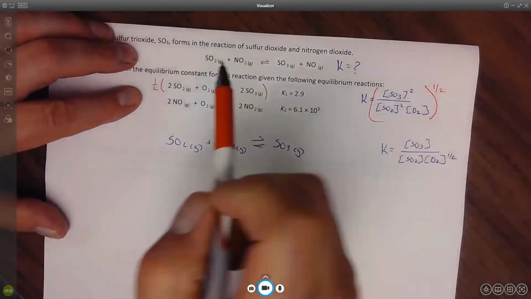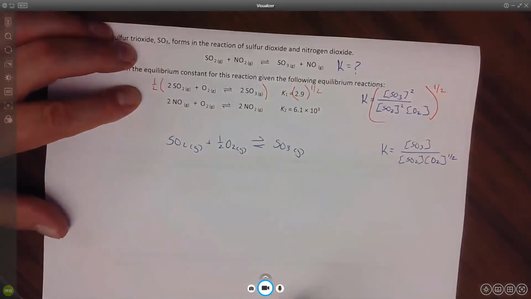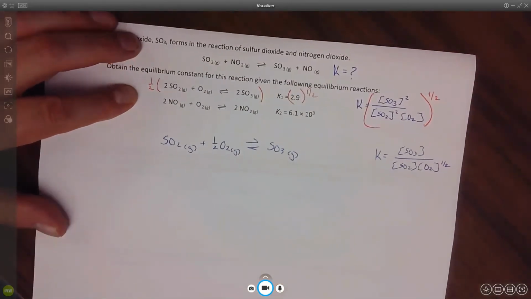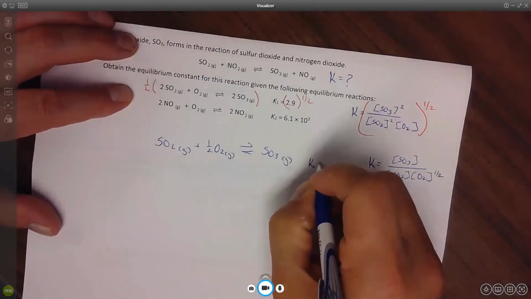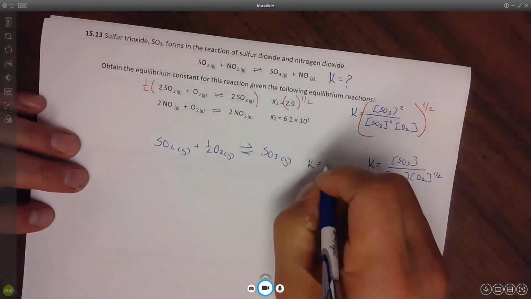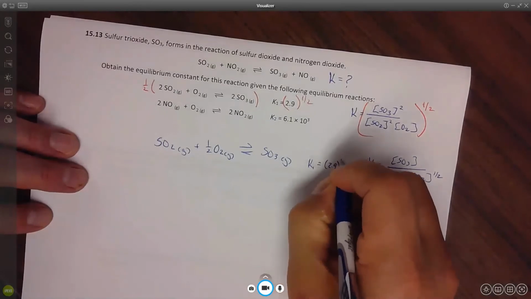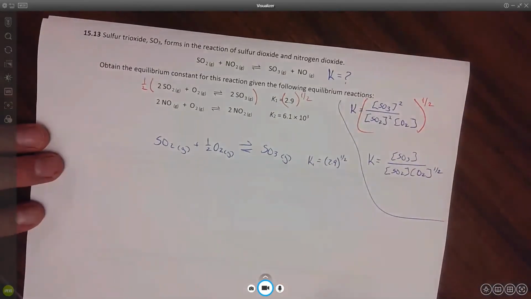So if we do this, we then raise this to the 1/2. So now K1 is going to be equal to 2.9 to the 1/2. Does that make sense to everybody?